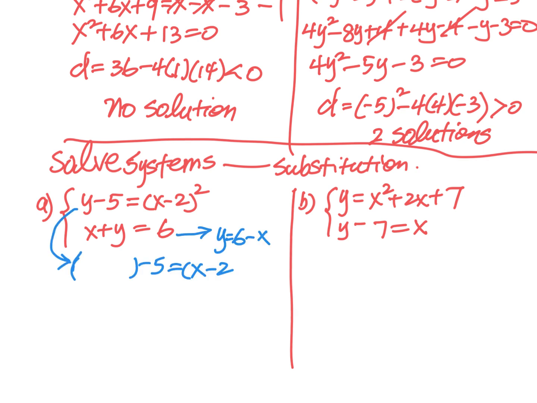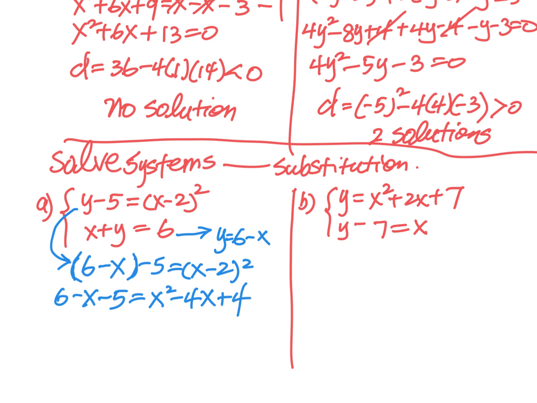So for this, put a y over here and then copy down the rest. So the y is what? 6 minus x. So I just do 6 minus x minus 5 equal to x squared minus 4x plus 4.